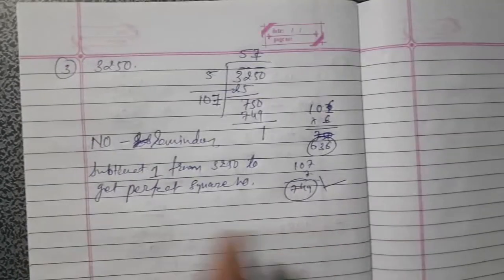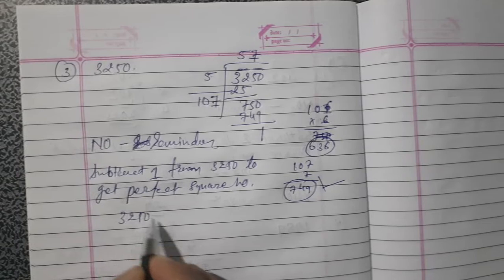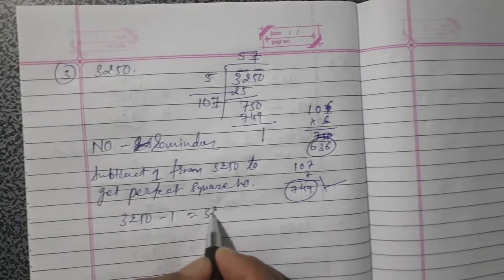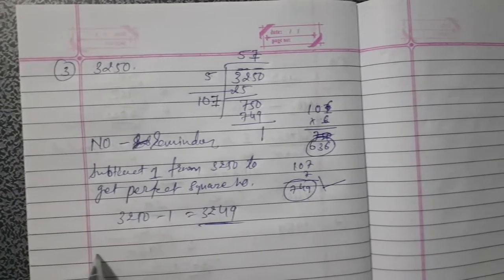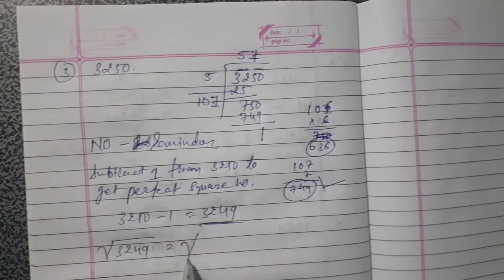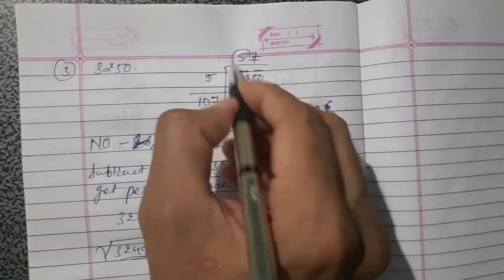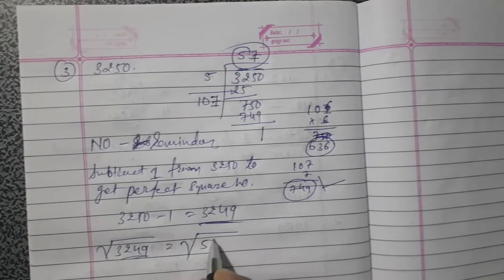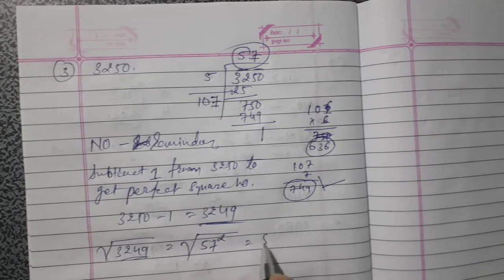That means 3250 minus 1 equals 3249. And the square root of 3249 is 57, because 57 squared is 3249.